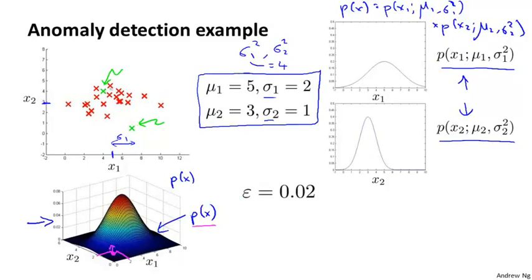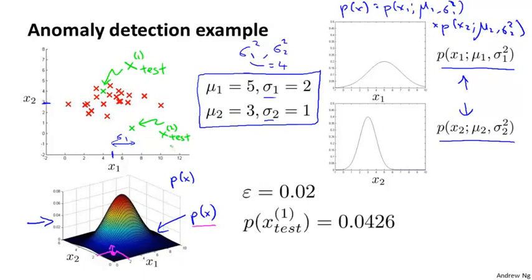But let's take this first example. Let me call this example x1 test, and let me call the second example x2 test. What we do is we then compute p of x1 test. So we use this formula to compute it, and this looks like a pretty large value.